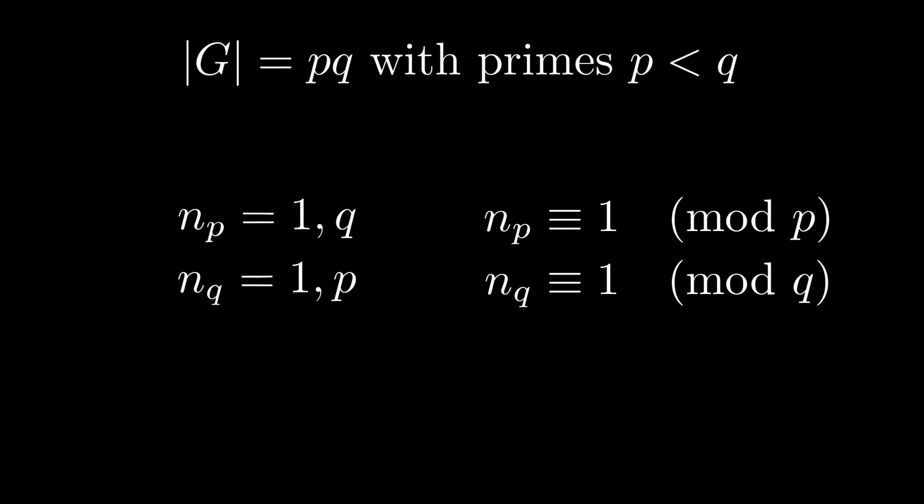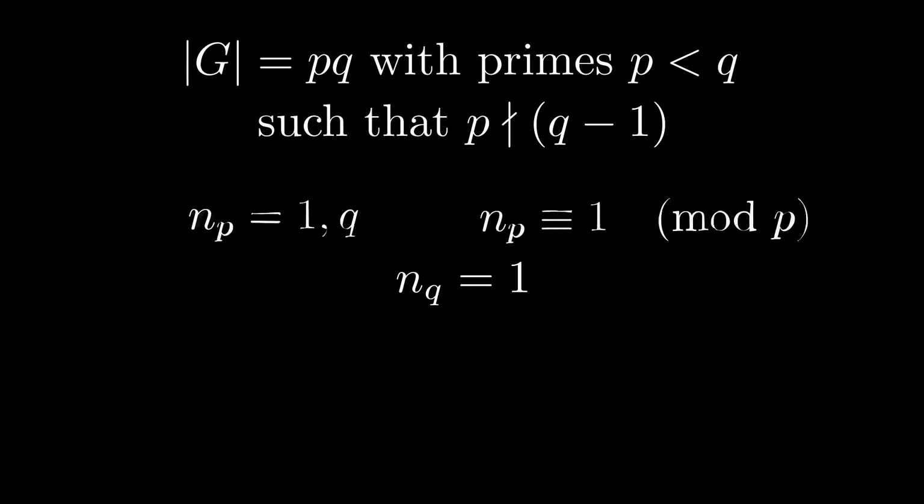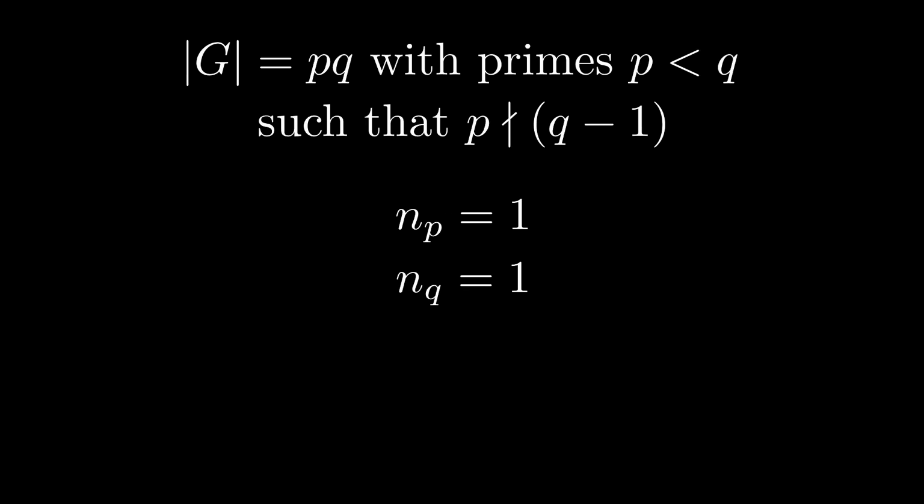Since p is smaller than q, q cannot divide p minus 1, so n_q is equal to 1. For n_p, the value can be either 1 or q. But if we assume that p does not divide q minus 1, we guarantee that n_p is also equal to 1. So both Sylow subgroups are normal and of prime order, so cyclic.